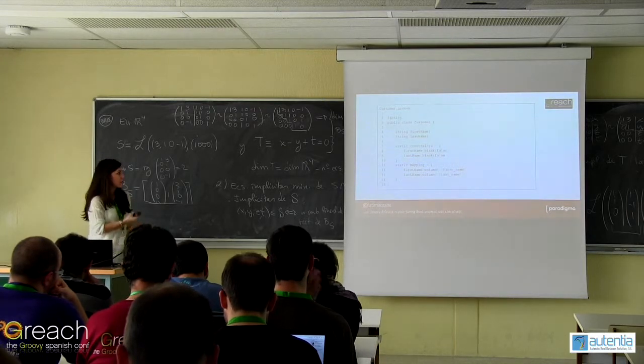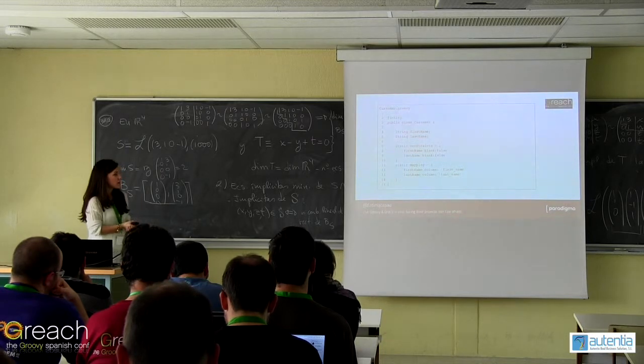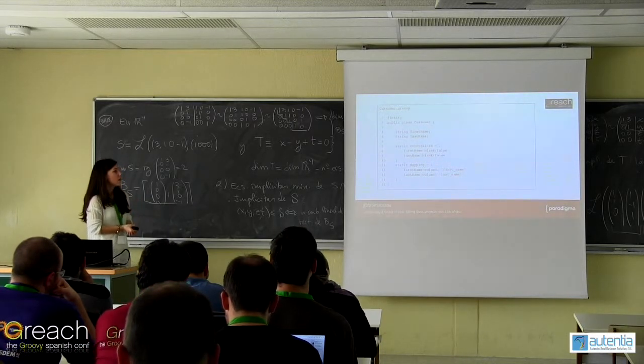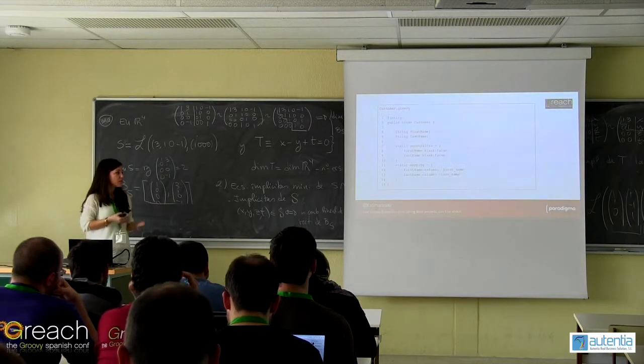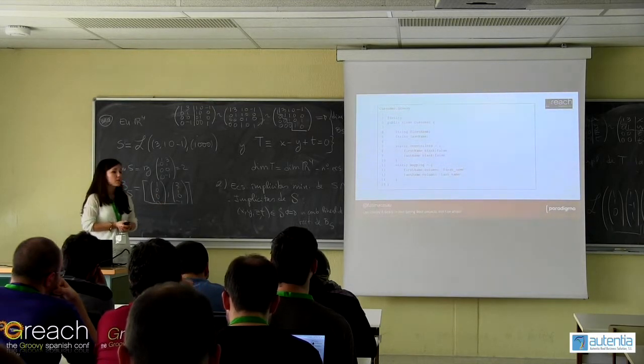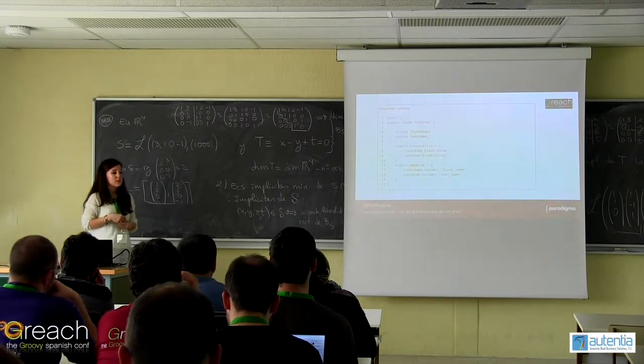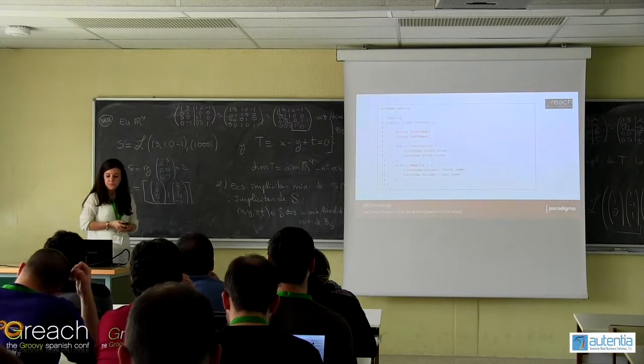For example, that the first name cannot be blank, or the last name cannot be blank, or that the name of the column first name is like this, or the name of the table. And if you don't specify the name of the columns or the name of the table, this will be the same as the class.